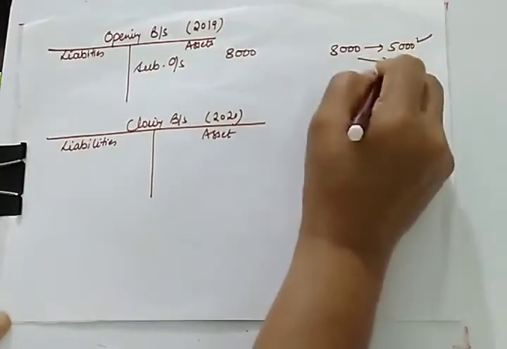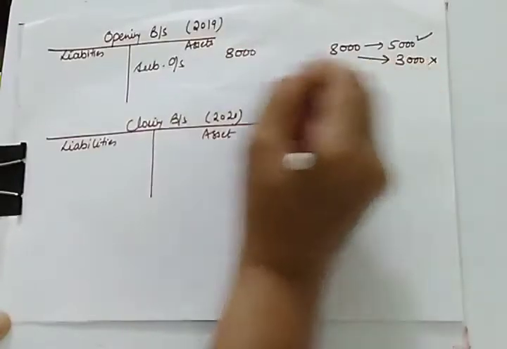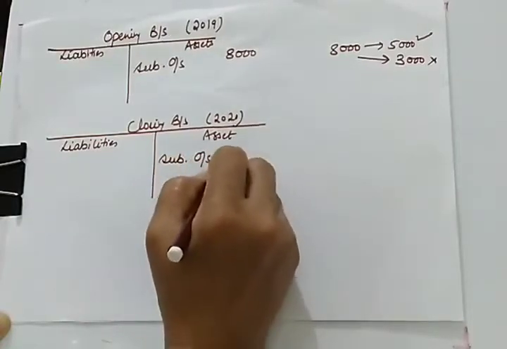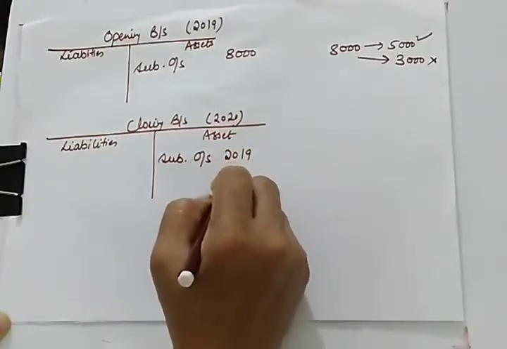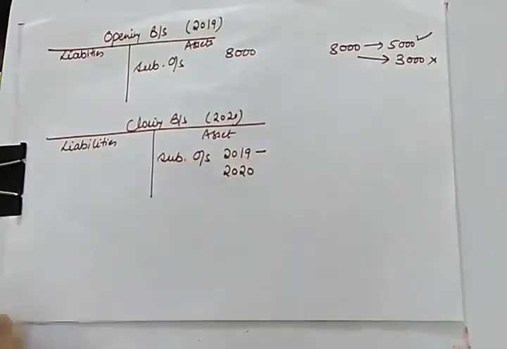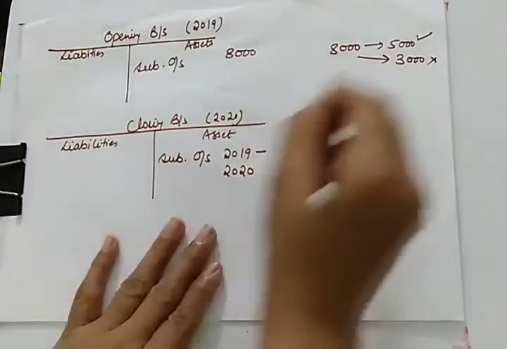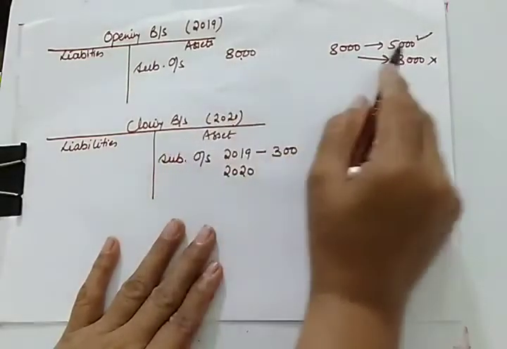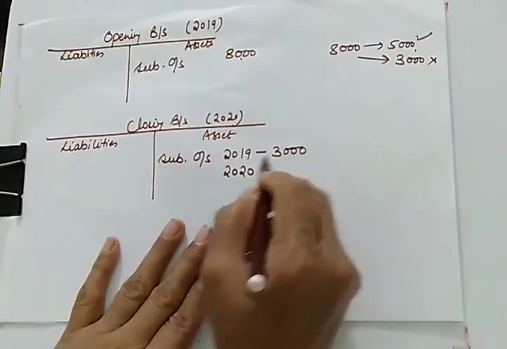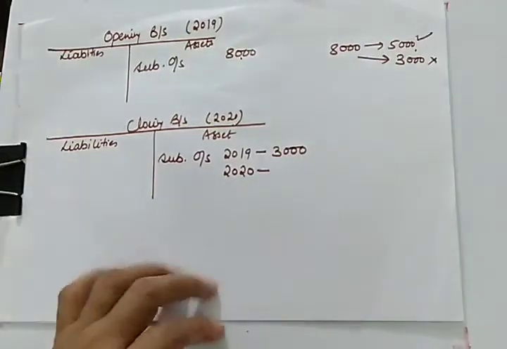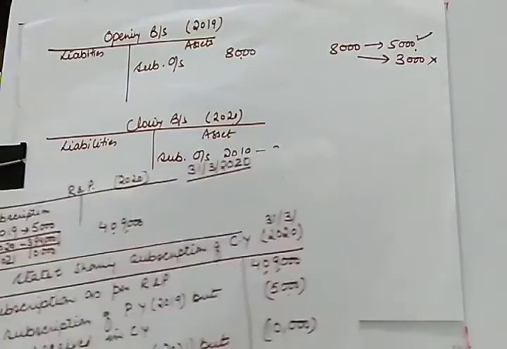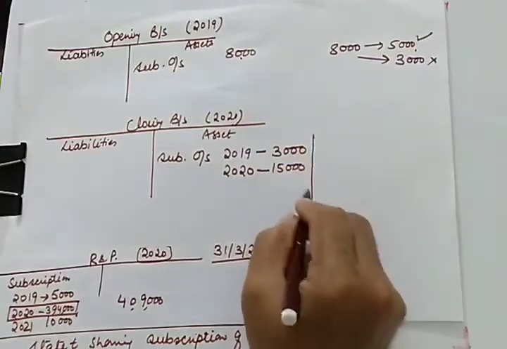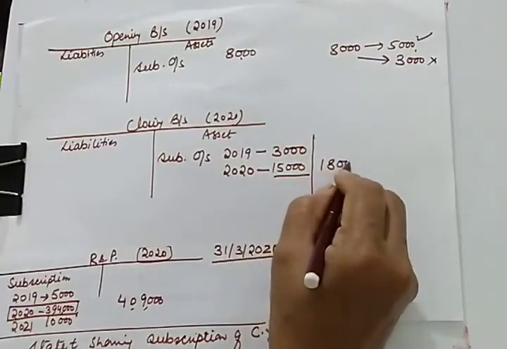So how much is not received? 3,000 is not received. So you can mention here subscription outstanding for previous year and subscription outstanding for current year. So for previous year it is still, this is also known as still outstanding. Out of 8, only 5 is received. So 3,000 is still outstanding, and this is given to us in question number 18 as 15,000. So total outstanding is, in the outer column, 18,000.